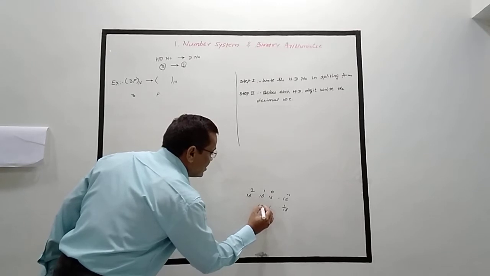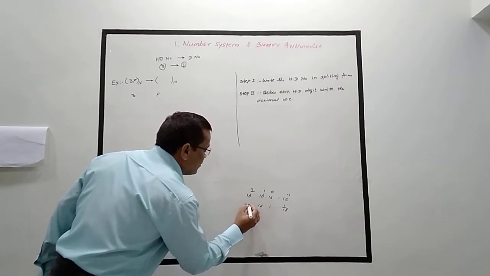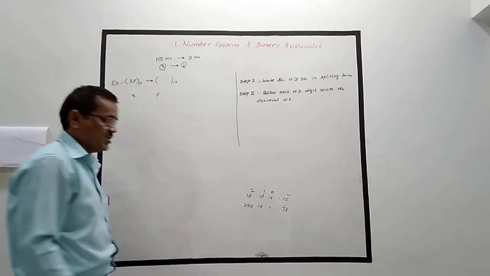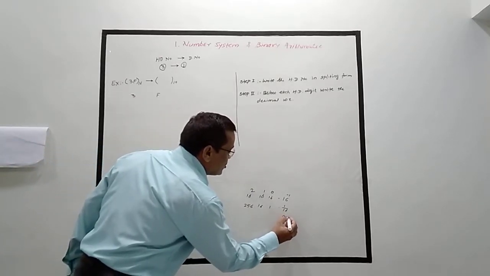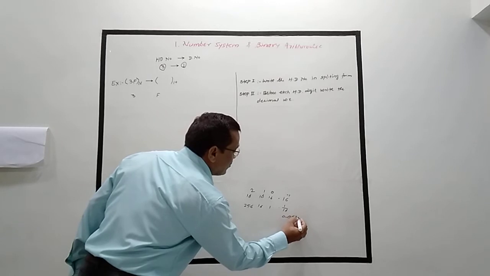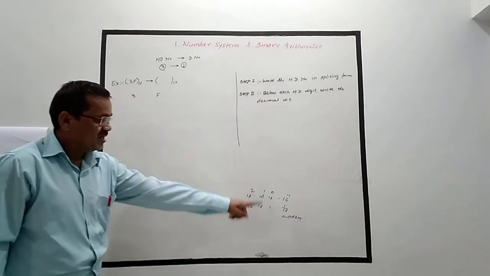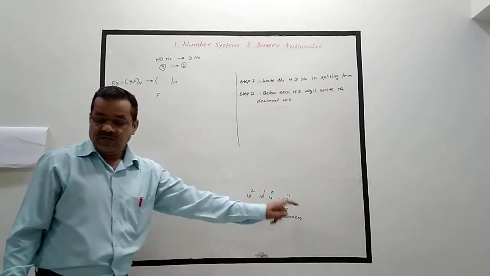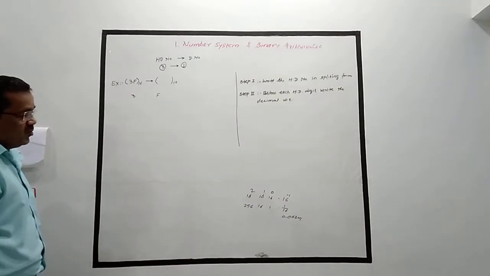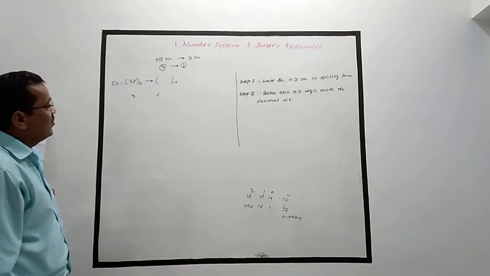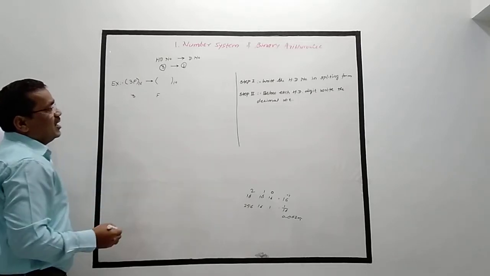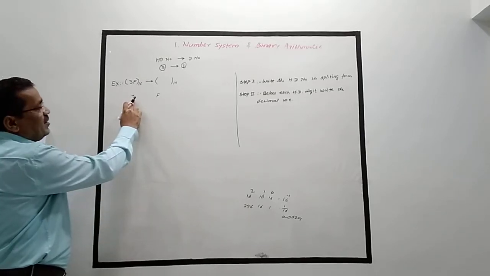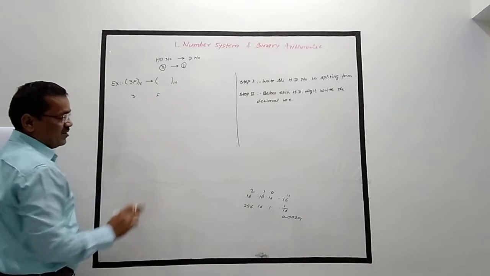Here it is 16 and here it is 256, the square of 16. So 1 by 16 is equivalent to 0.0625. So below each HD bit, write the decimal weight.